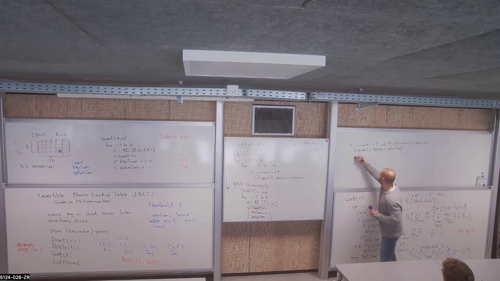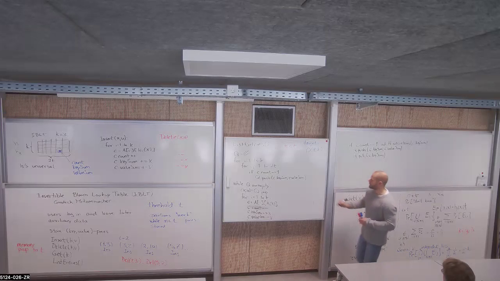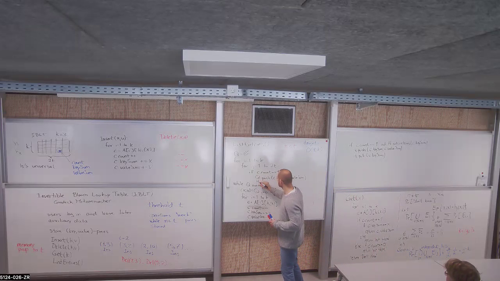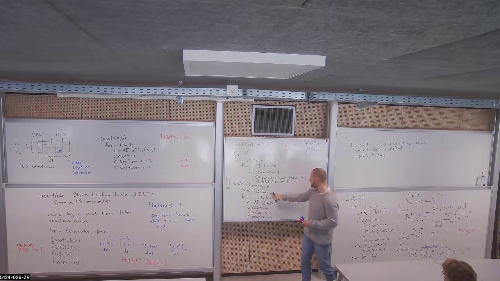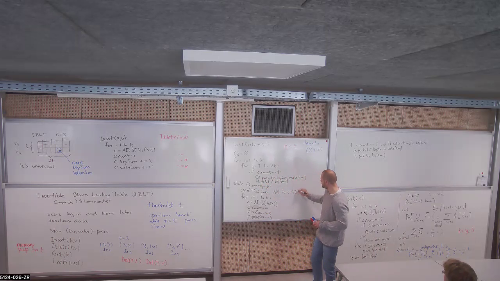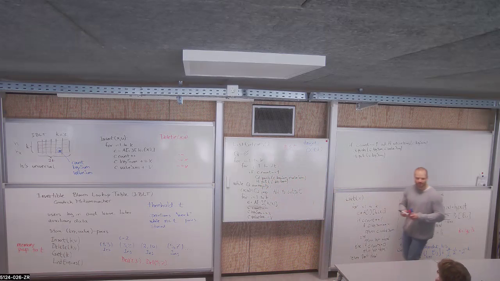Then we do this, and then we do h dot put key sum. Then probably we should also do it here. I guess also when we pop it here, we should add it to the output. This probably does it. Let's see.